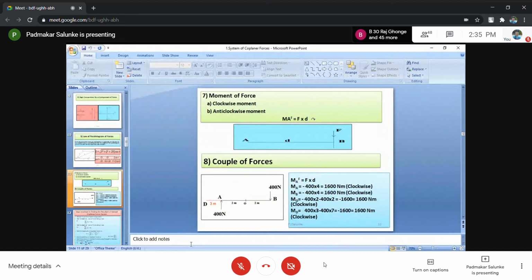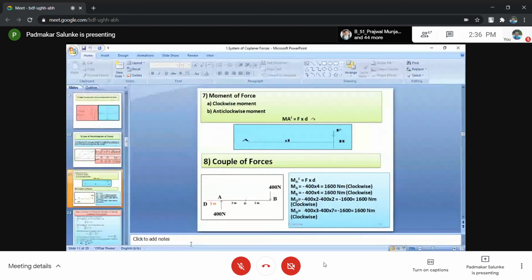That is the basic difference between these two. In couple of forces, two forces of the same magnitude and opposite direction are involved, whereas in moment of a force, only one force is involved. So please remember, many similarities are there, but along with the similarities, some differences are also available.